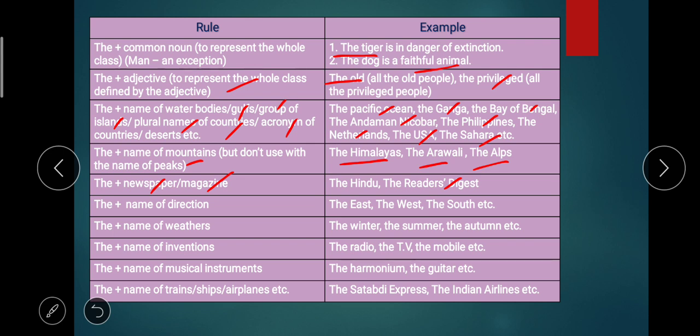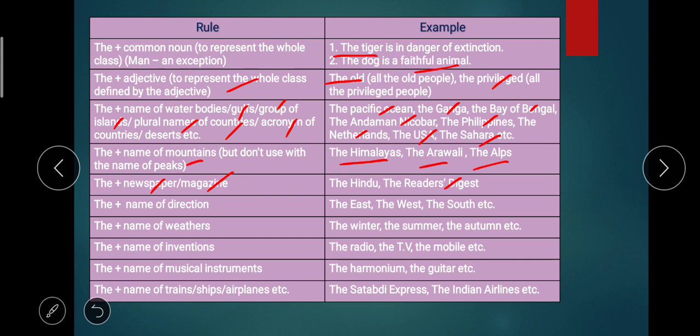But there is one newspaper which officially does not take the before its name. By the way, up to 2012, the name of the newspaper was the Hindustan Times. But in 2012, the was taken away. It was removed from the name. Now it is only Hindustan Times.